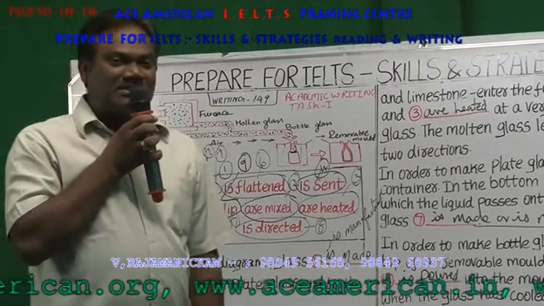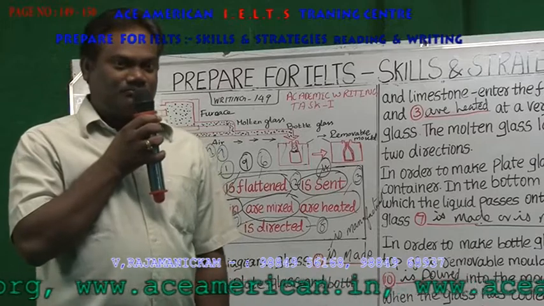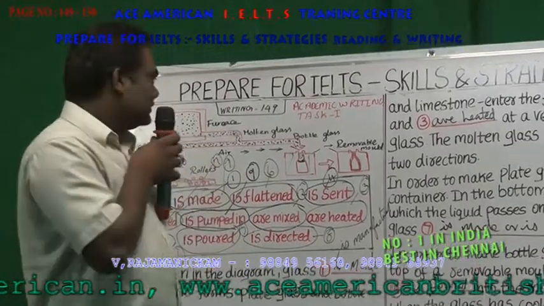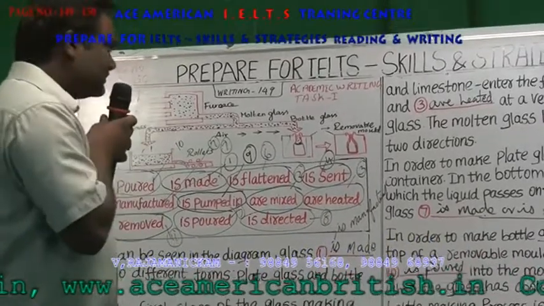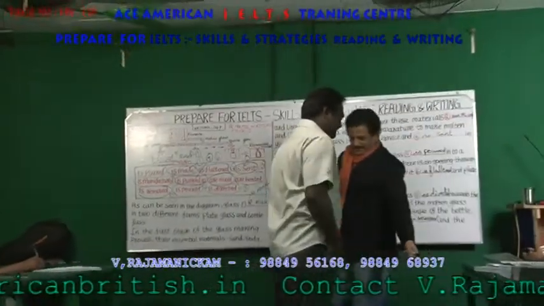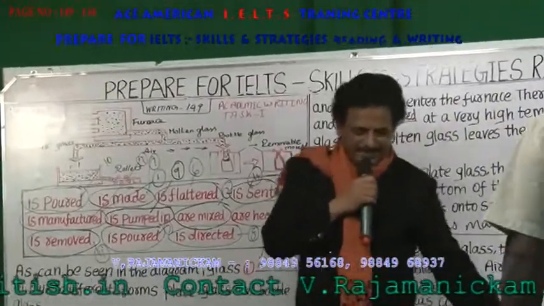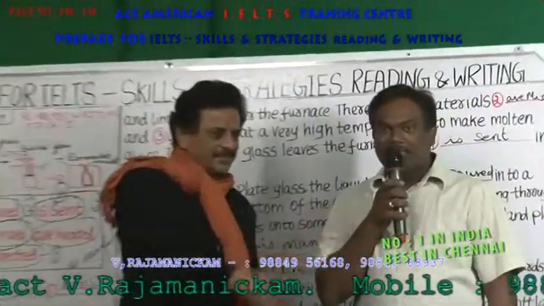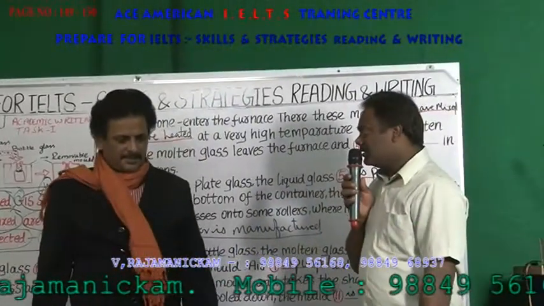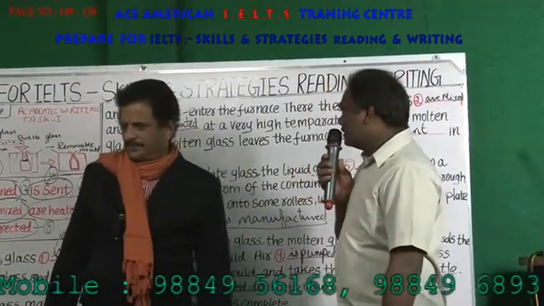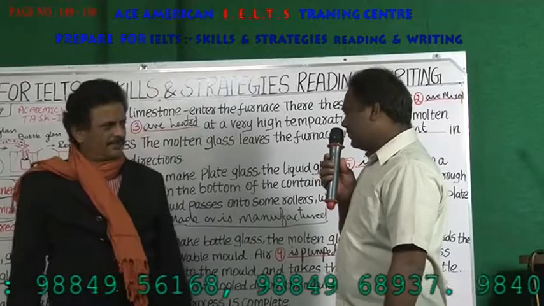Okay, so the process involved in making bottled glass and flattened glass. Regarding the grammar part, what do you understand from here? So, coming to grammar, how is the sentence arranged? It is fully passive mode.